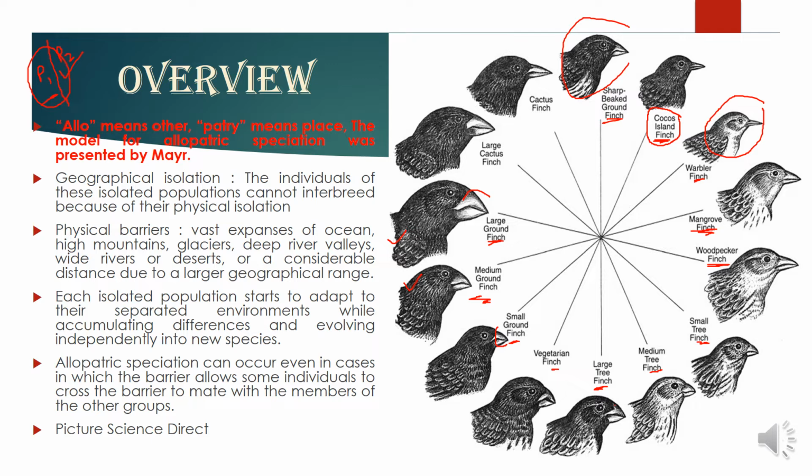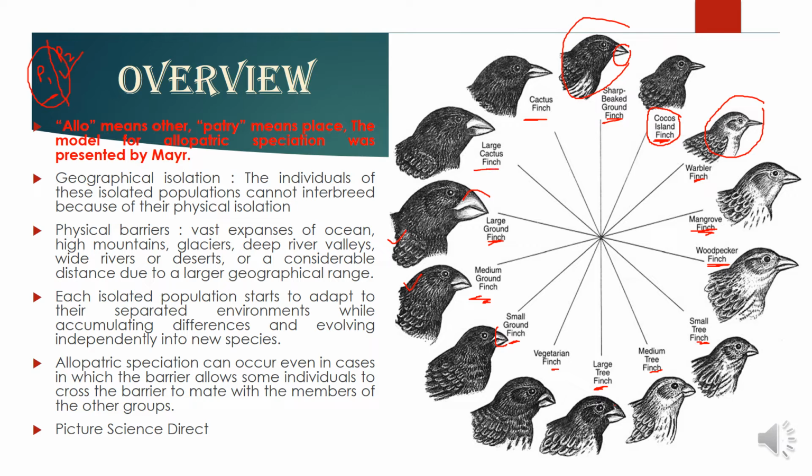It has a very sharp beak so that it can injure the surface layer of the birds and feed on the blood. So the beak characteristic is very pointed and sharp.